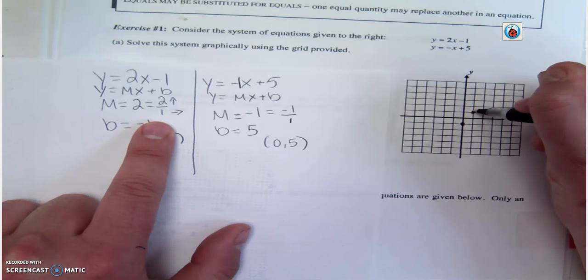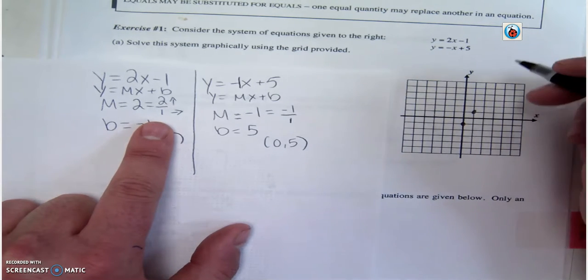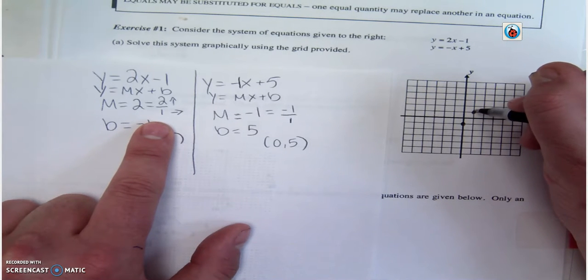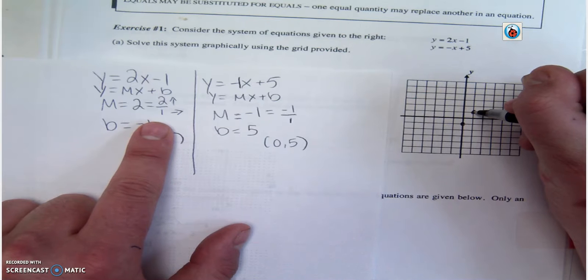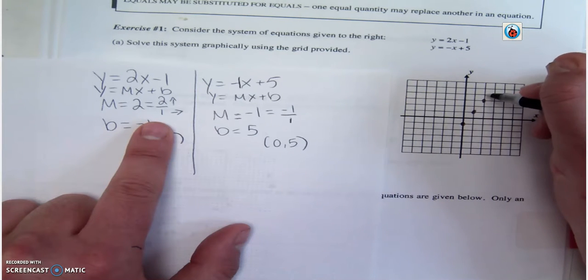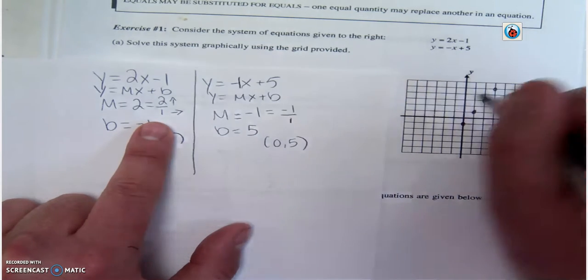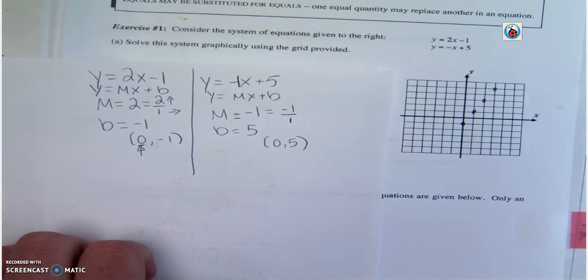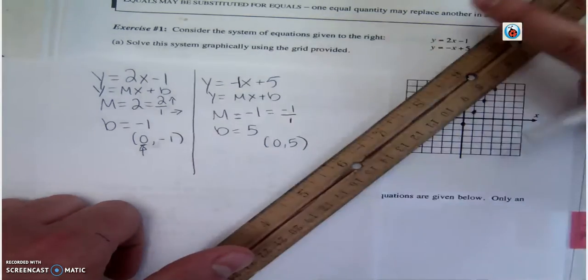I know this is a review because we spent a lot of time graphing points and graphing equations, but we're going to be taking this to the next step in a second. Again, you repeat the process. Rise 2, don't put a dot yet because you still have to run 1. Rise 2 and run 1. As a rule of thumb, your math teachers have told you that you should be doing at least 4 or 5 points, so I'm going to do 4 points.